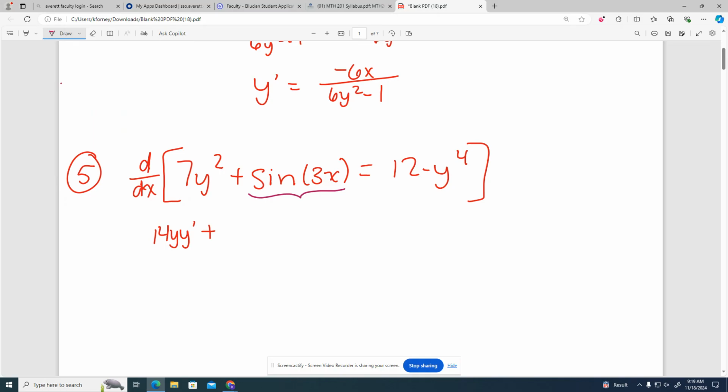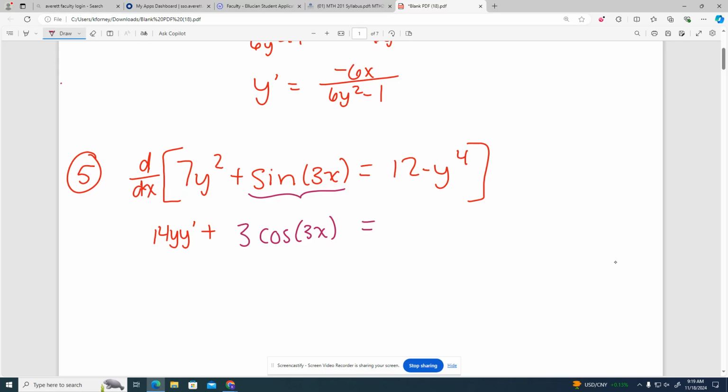sine of 3x becomes cosine of 3x times the derivative of the inside function, which is 3.